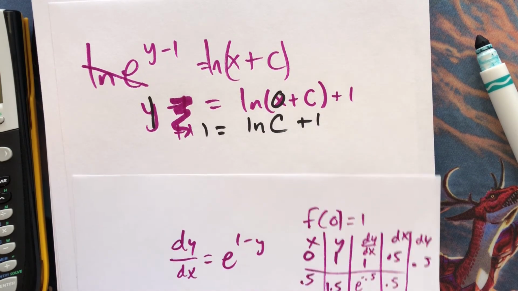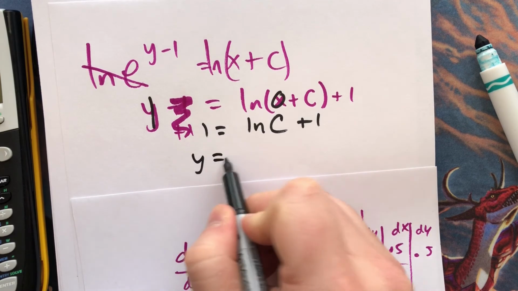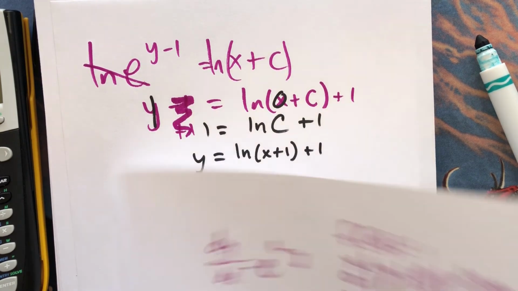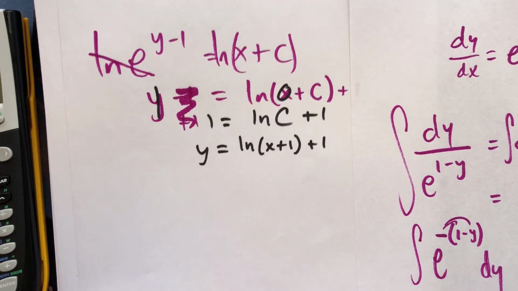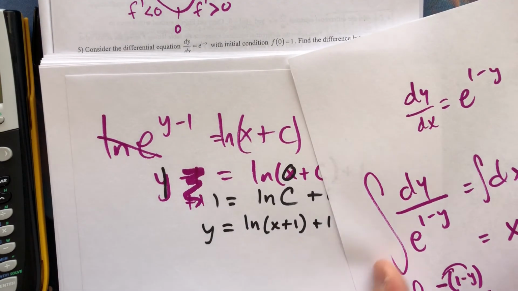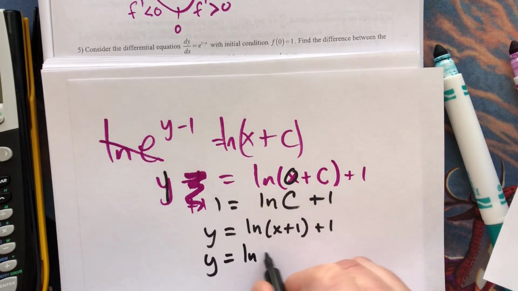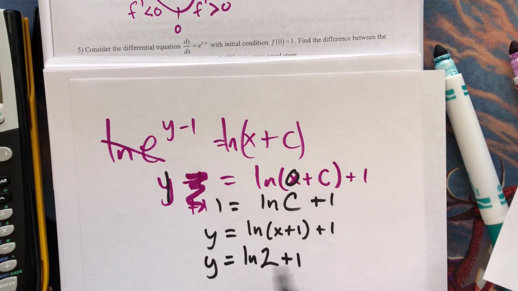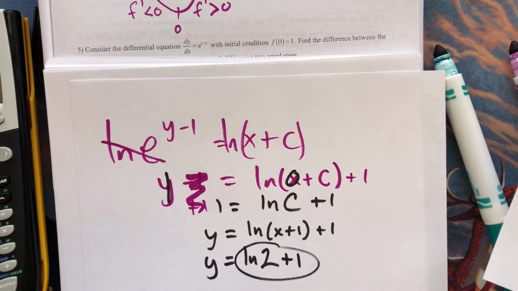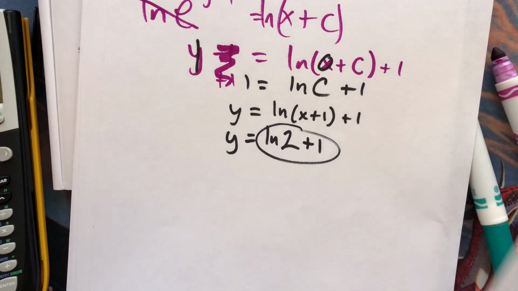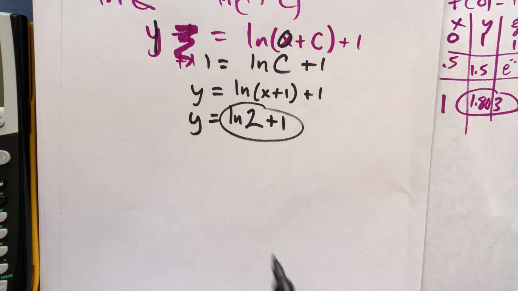That means this has to turn into 0, so c is 1. So we can say y is equal to ln of x plus 1 plus 1. Then, if I want to know what happens when you actually plug in 1, you get y is equal to ln of 2 plus 1. So that's our actual answer. 1.803 is our approximate answer that we got a minute ago.